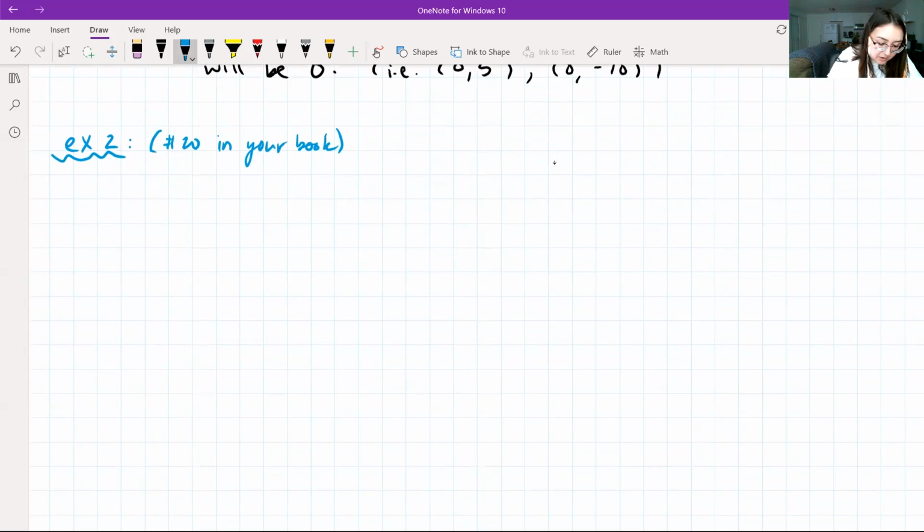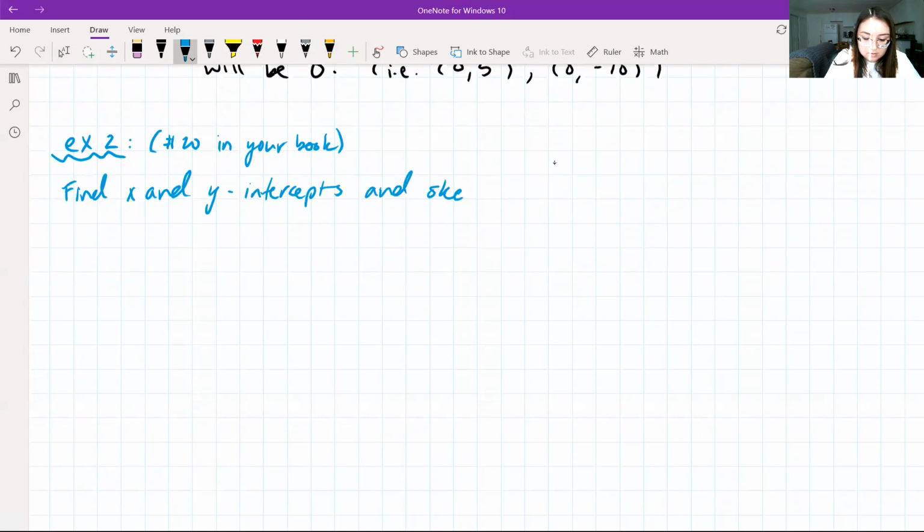So we want to find the x and y intercepts and sketch the graph of 3x plus y is equal to 4.